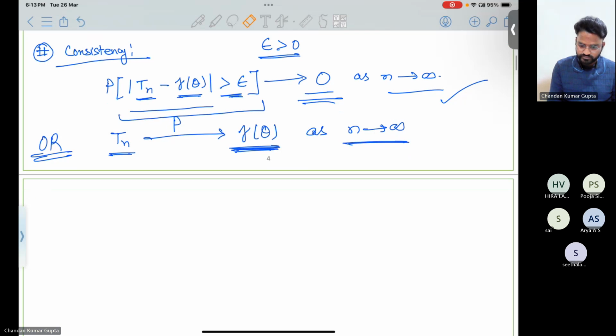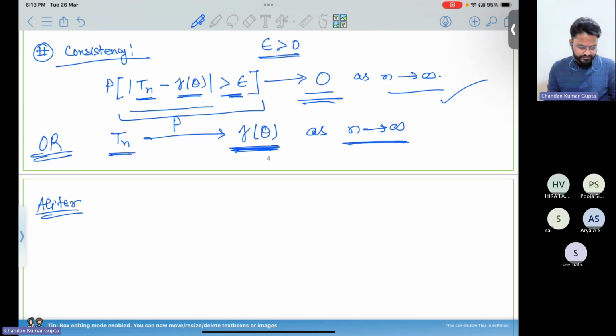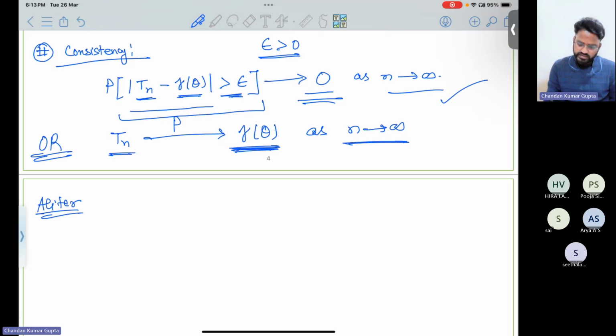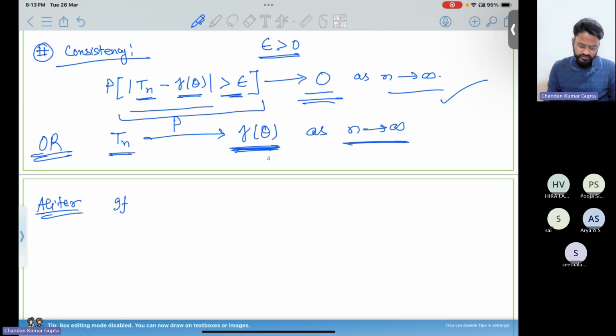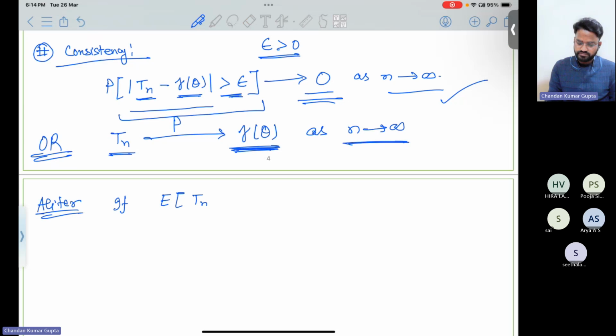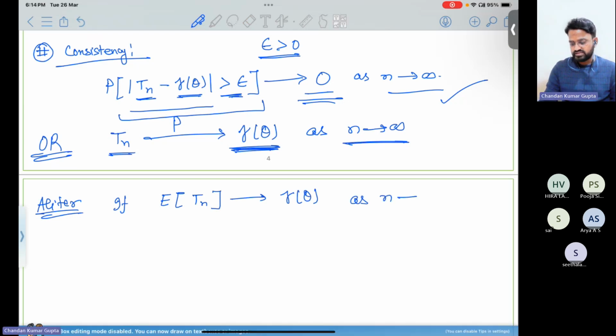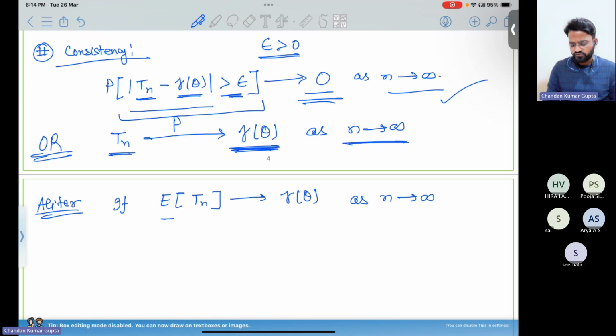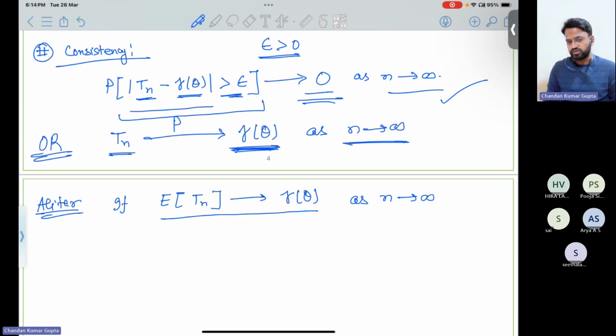Suppose the expectation of the estimator we are using to estimate the parameter gamma theta tends to gamma theta as n tends to infinity. This is kind of the unbiasedness condition, but it is not equal to.